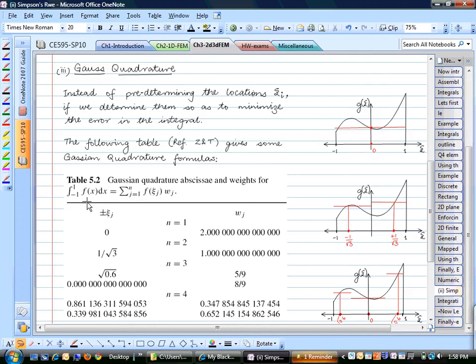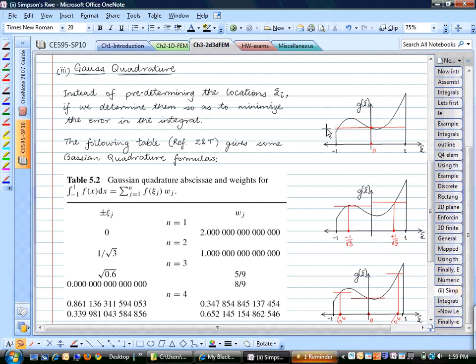This function f is our function g of C. If you go to location 0, which is right here, and take the weight, which is 2, then we calculate the value of this function at 0 and multiply it with 2. This area under the curve, which is a rectangle, is going to be approximately the area under this curve.